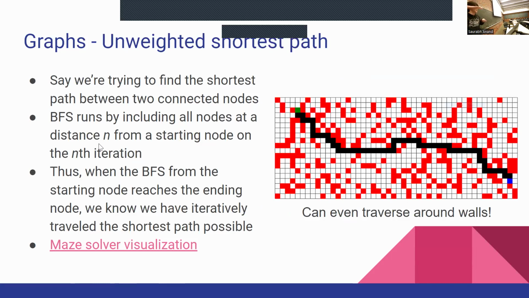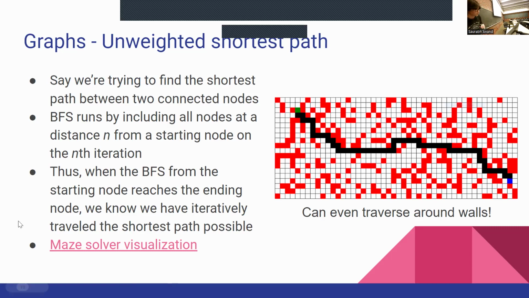BFS stands for breadth first search, which means you're expanding outward from a node gradually, instead of just going in one direction really fast. That property of a BFS, expanding out layer by layer, means that if you have a specific start and a specific end you're trying to reach, when you reach that end node, you know that you found the shortest path, because if there was a shorter path, you would have found it in an earlier layer.